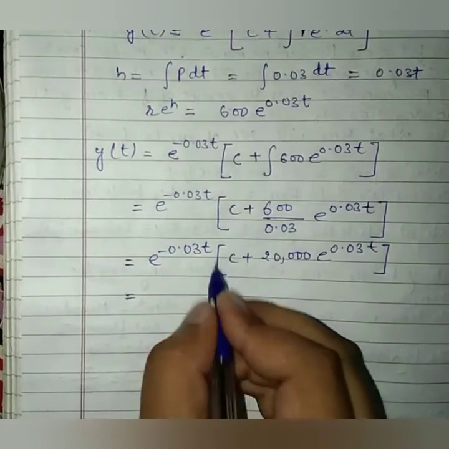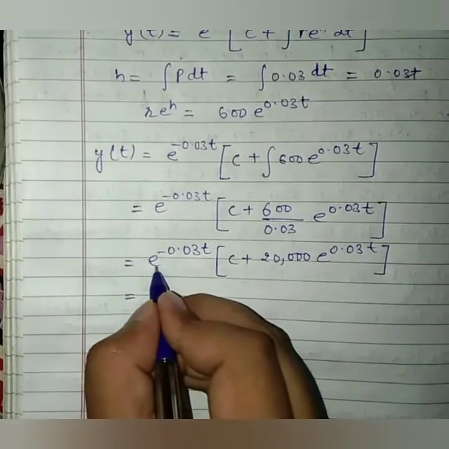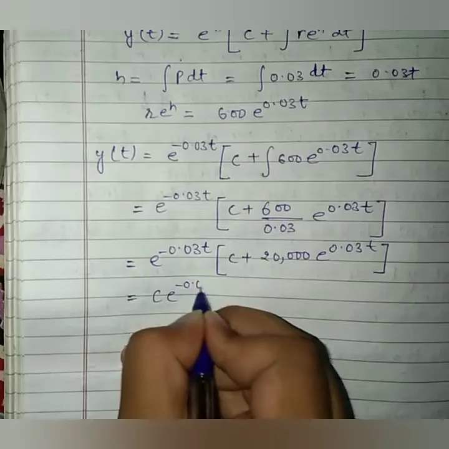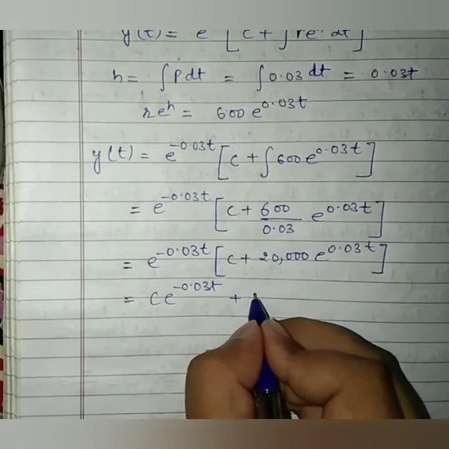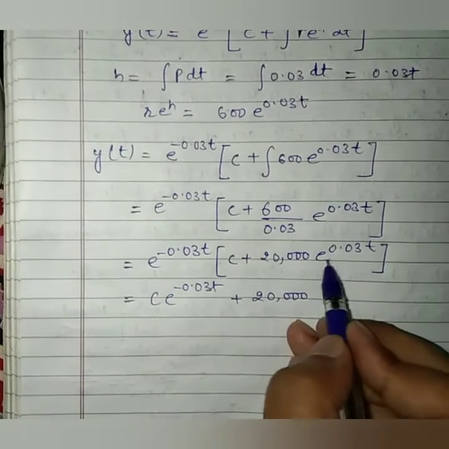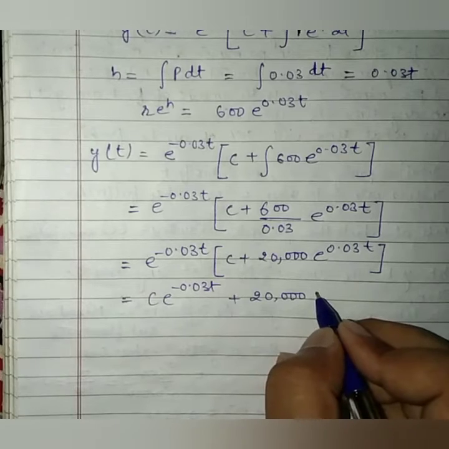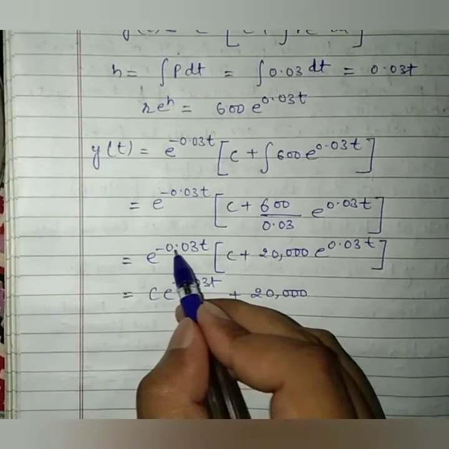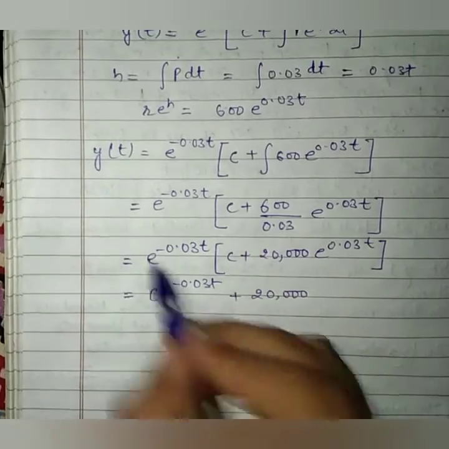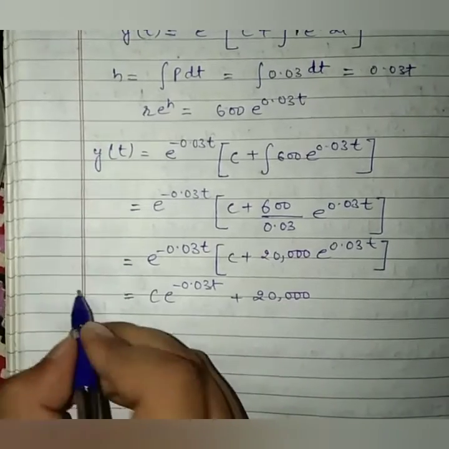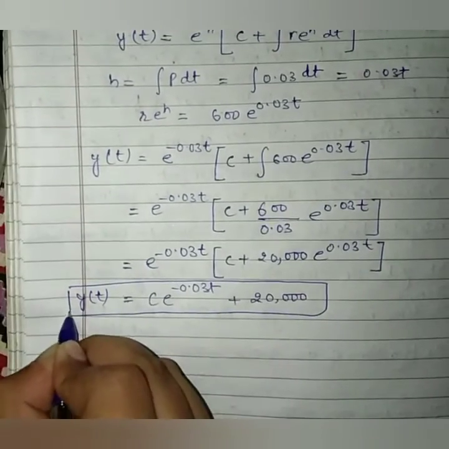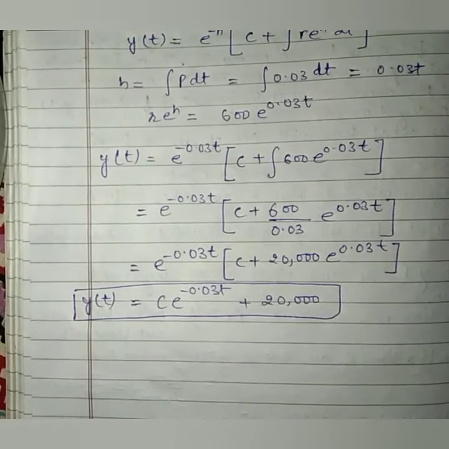When we multiply the whole thing with e to the power minus 0.03 t, we get c e to the power minus 0.03 t plus 20,000 into e power minus 0.03 t and e power 0.03 t, which cancel out. Minus 0.03 plus 0.03 is 0, and e power 0 is 1, so it will be 20,000 only. This is y of t.